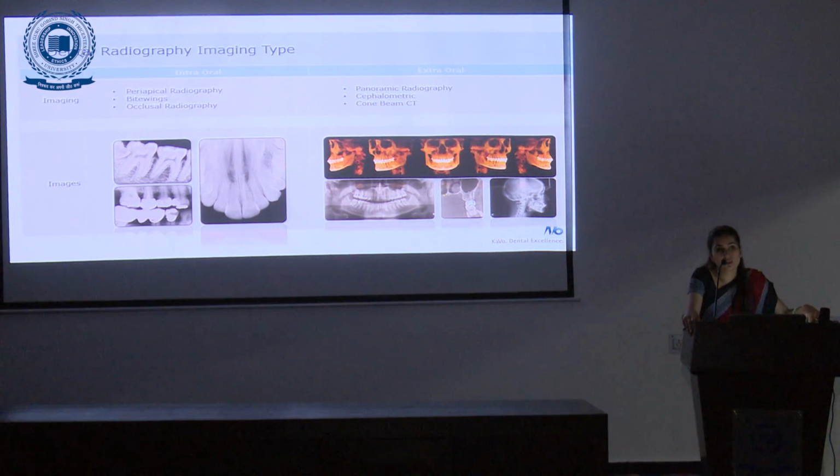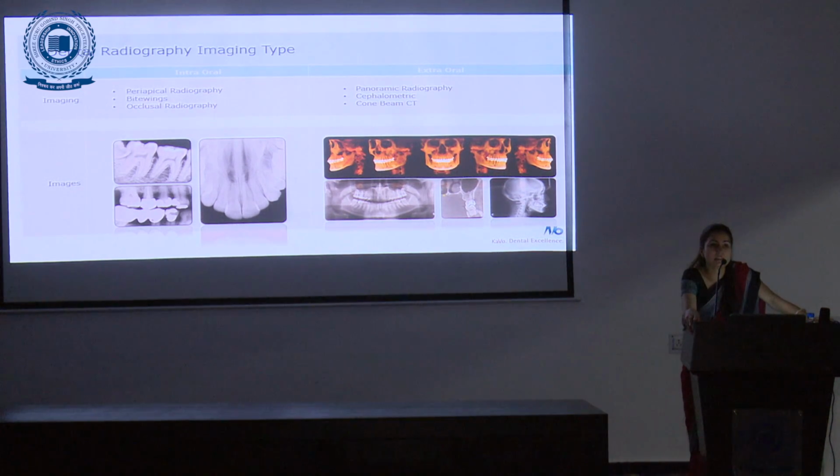Then comes the extraoral imaging. The name itself suggests extraoral, meaning outside the mouth. So here the X-ray source and the detector are both outside the mouth. In extraoral imaging, there are panoramic imaging, cephalometric imaging, and CBCT.